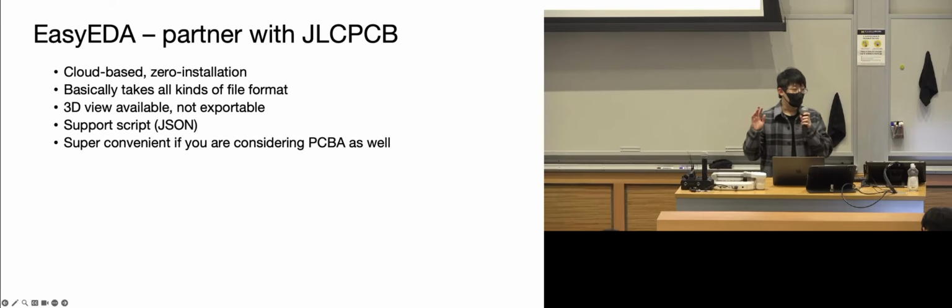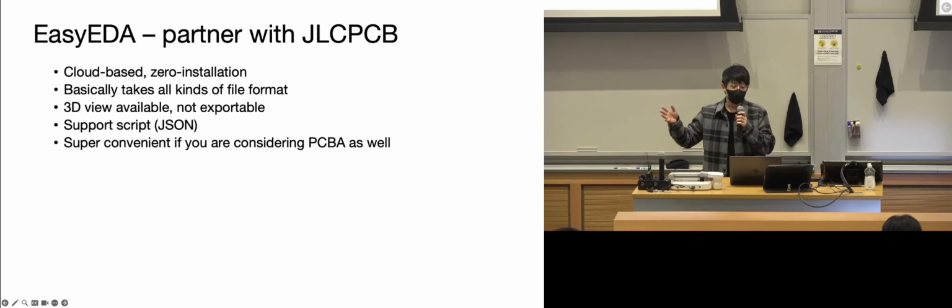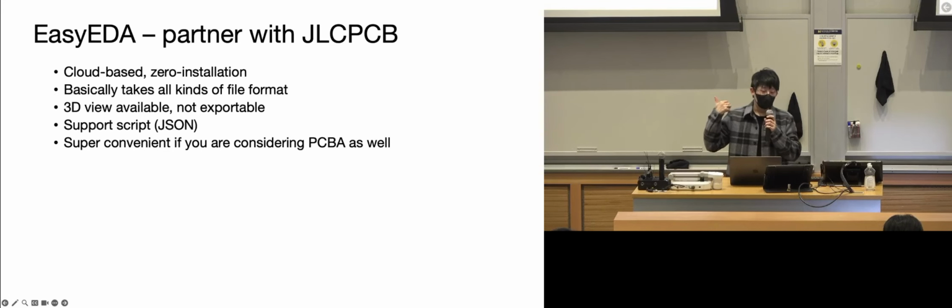If you want something super quick, just pick the ones they have, and then send the files to JLC, and they will do the board manufacturing plus the assembly for you.